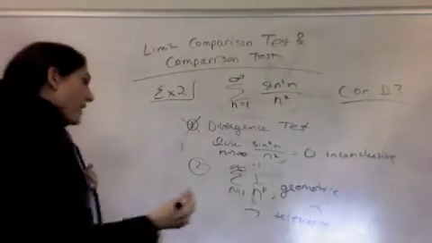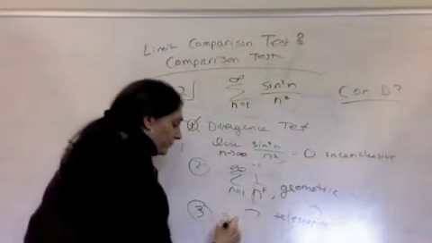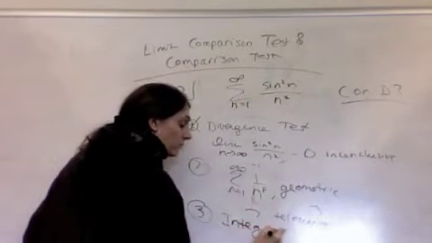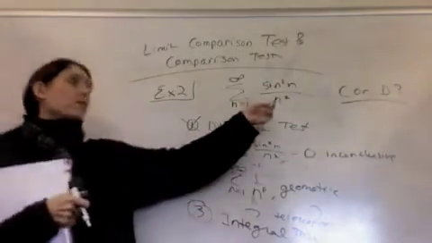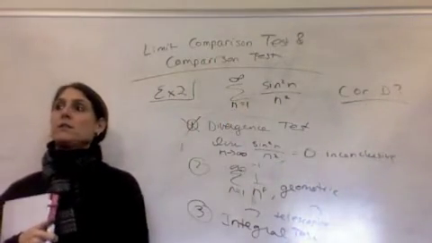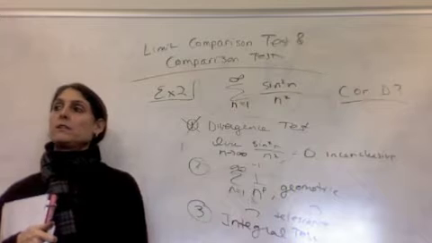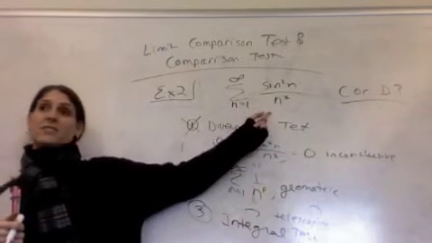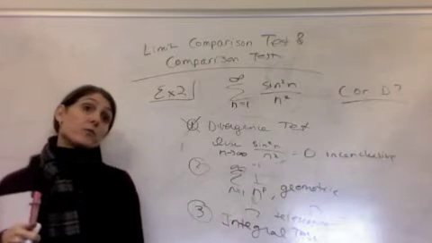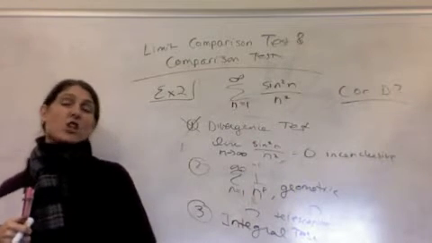And then you guys know the integral test. That always works. What's wrong with the integral test for this example, though? Because you don't have the inverse sine in. Yeah, this is a tough integral. It's possible, but it takes a long time.